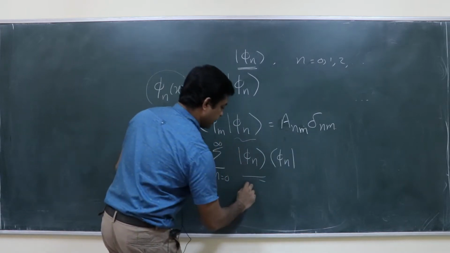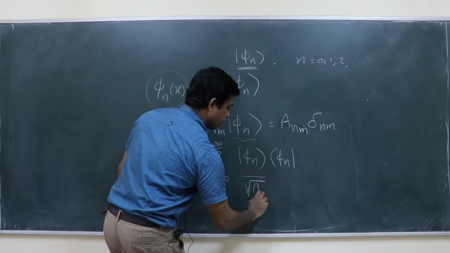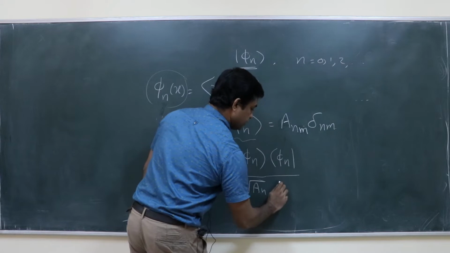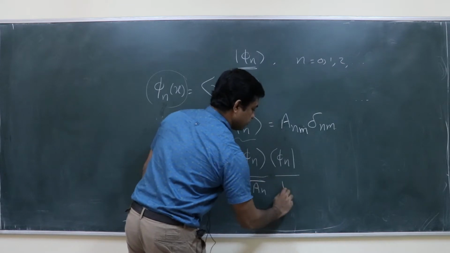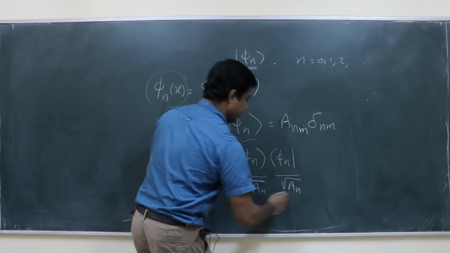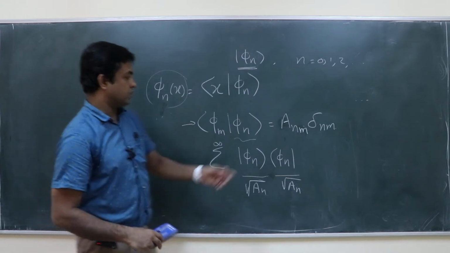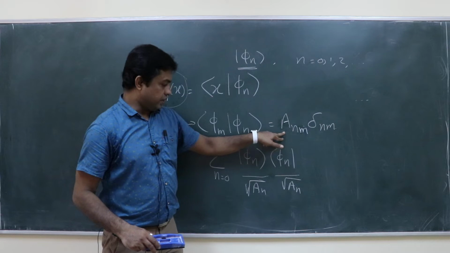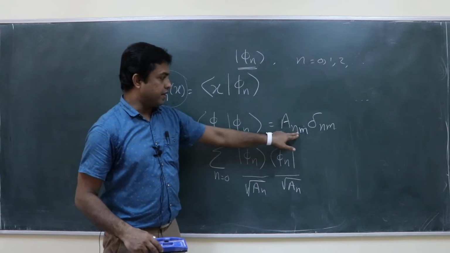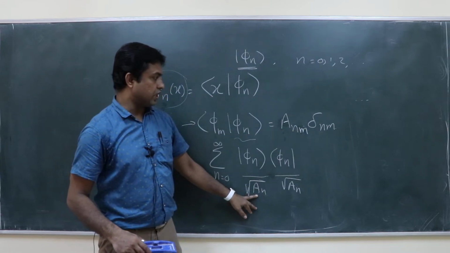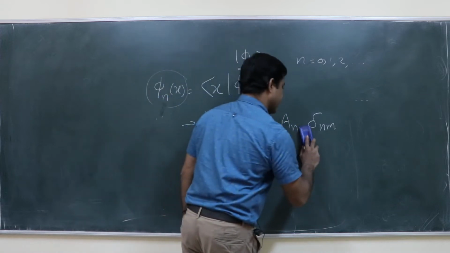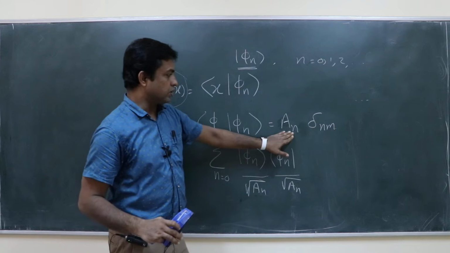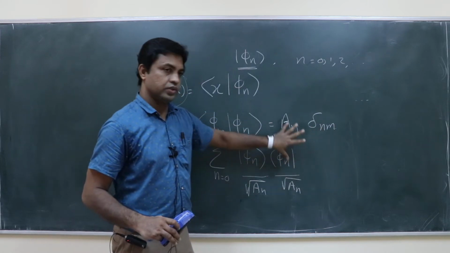So I can write this for each one as a n. I can just write a n, no issue, because when n is equal to m, it is just a n. I don't require a n m here, a n is sufficient, because when n is not equal to m, it is 0.